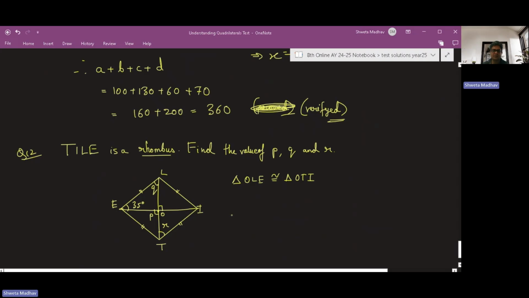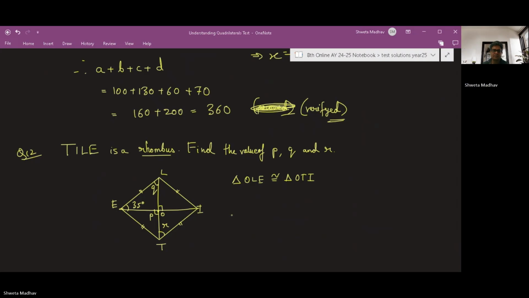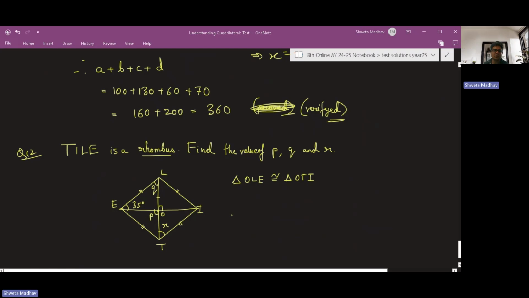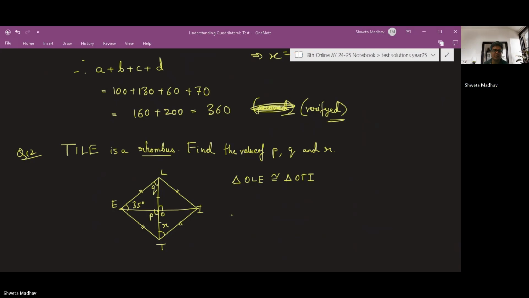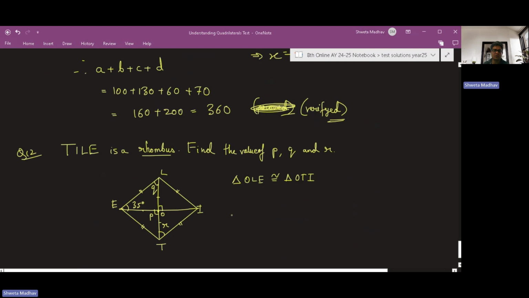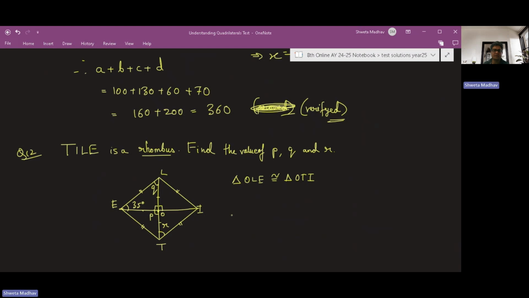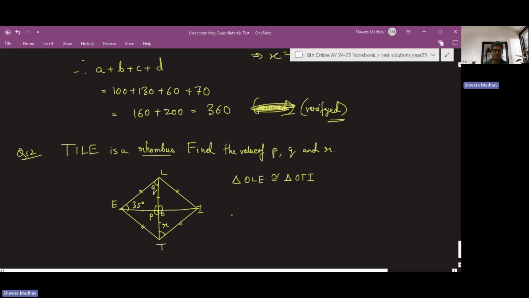Since the diagonals bisect each other at right angles, OL is equal to OT, and OE will be equal to OI, and each angle is a right angle. Or we can say that LE is equal to IT. So I can say triangle OLE will be congruent to triangle OTI by the SSS rule of congruency.